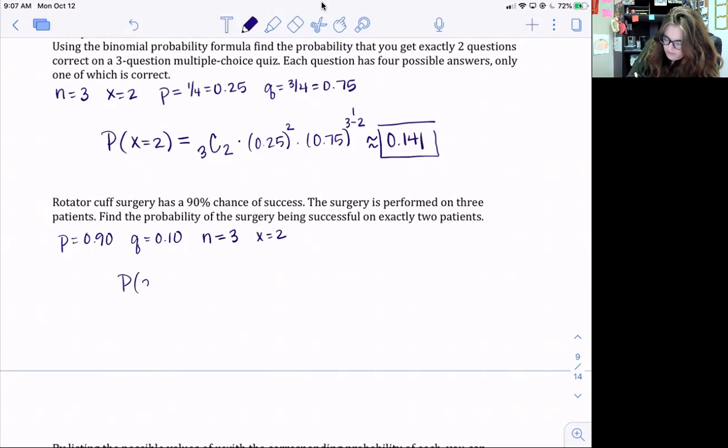So the probability of 2 successes is 3 choose 2 times 0.90 to the second power times 0.10 to the 3 minus 2 power, or first power. Plug that in your calculator, and you get approximately 0.243.